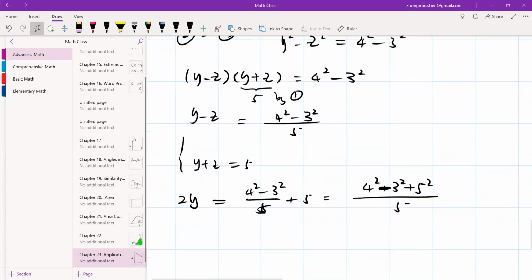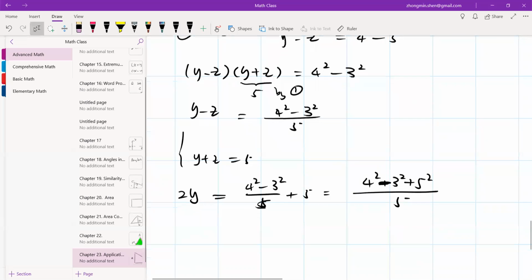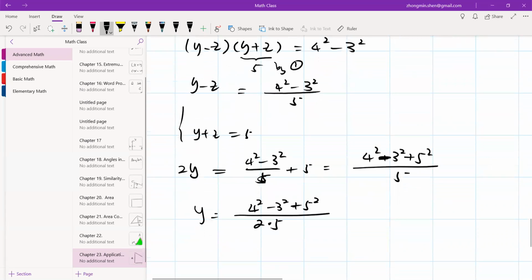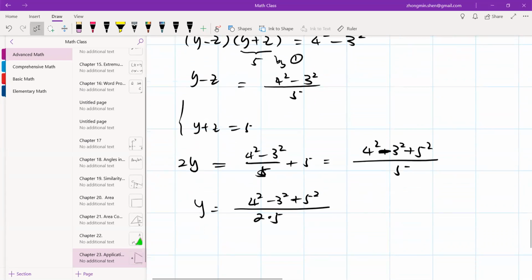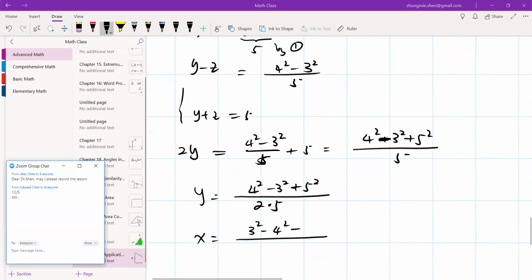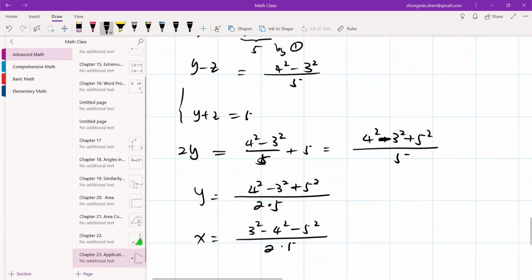Okay, 3 squared. So you get y. Then you can get x. Okay, x is, I think, just the interchange of 3 and 4 in this case. So z is going to be 3 squared minus 4 squared plus 5 squared over 2 times 5.